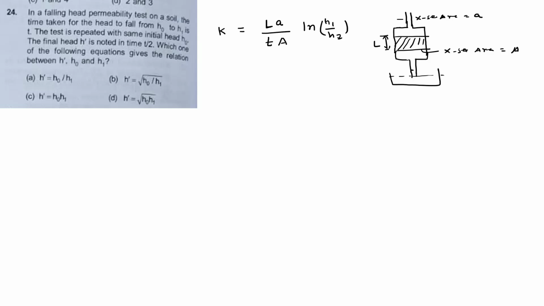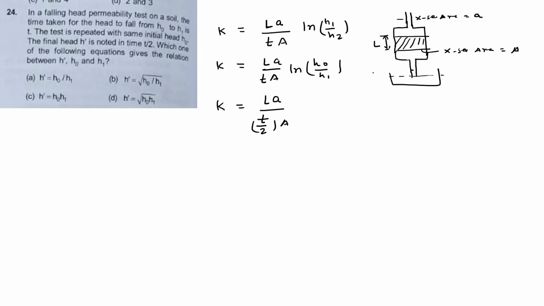So in this case, K is equal to L a divided by time T into A ln H naught, the initial height, divided by H1. Again, the soil is the same, so K will be L, the length of sample, the same, the standpipe cross-section the same, and time taken is T by 2.